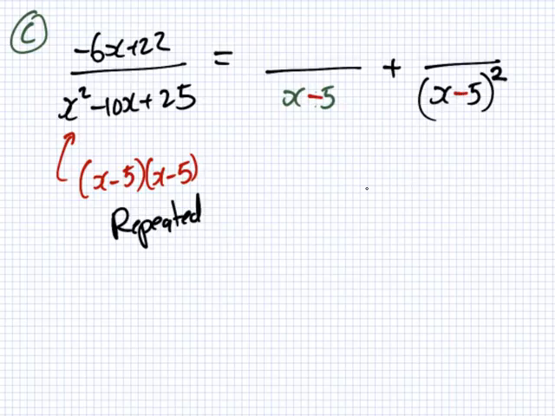So you repeat it, and the next time it appears, you have to square. And I suppose, although I've never seen it happen in the exam, if it was a cubic of 3 of the same root, then I think you would repeat it again, but with a cube. Okay? So you repeat like this.